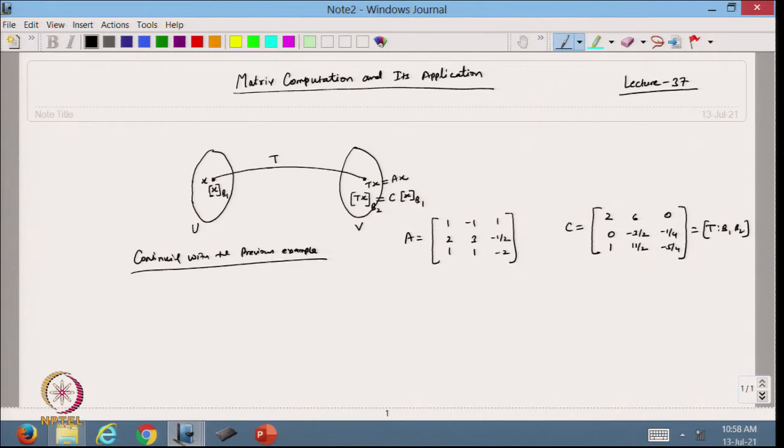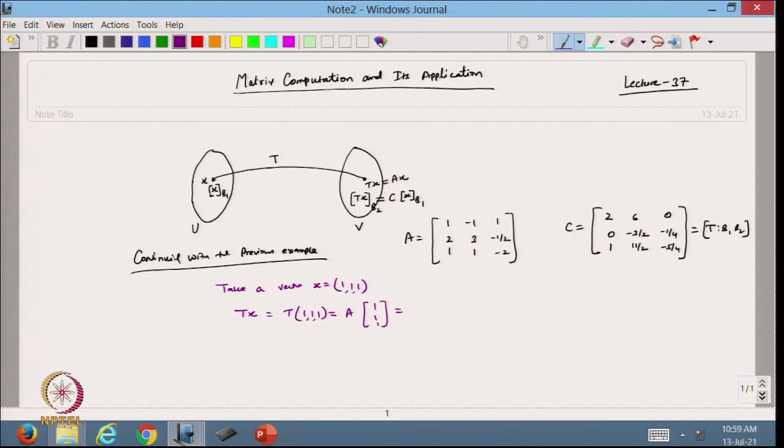Now I want to check that. Let me take a vector x, suppose 1, 1, 1, just a simple vector. I want to find its image, Tx, that is T of (1, 1, 1), and I know that this will be equal to A times the vector (1, 1, 1).